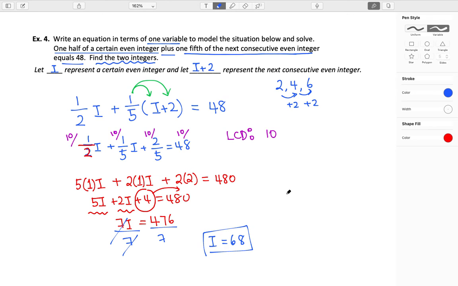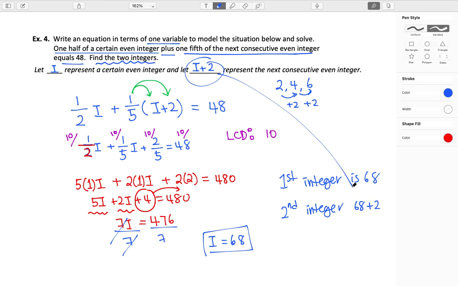So what does that mean? Well, my first integer is 68, and my second integer is going to be 68 plus 2, coming from here, which is 70. And that's how you finish the question.